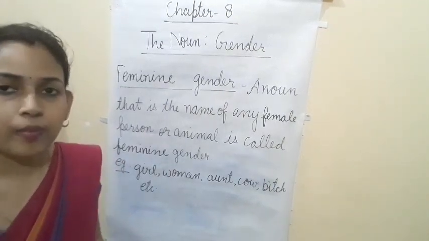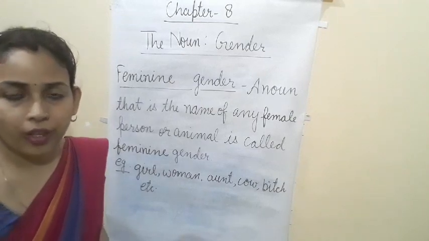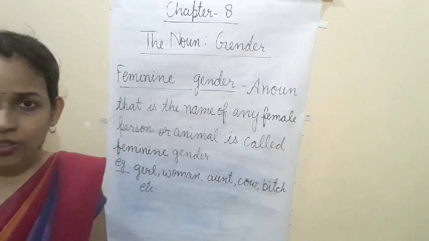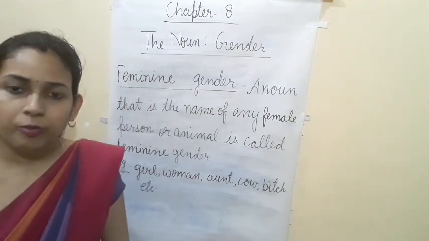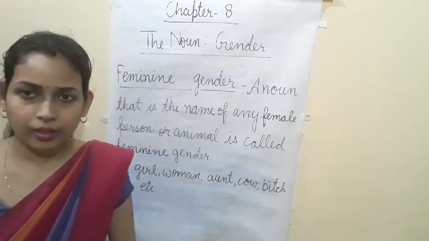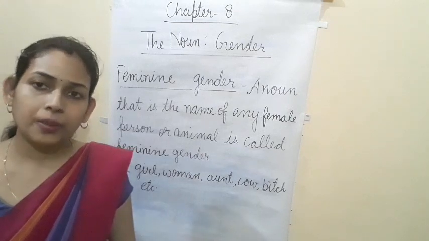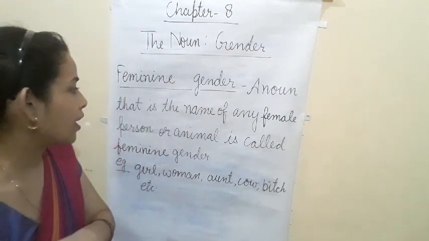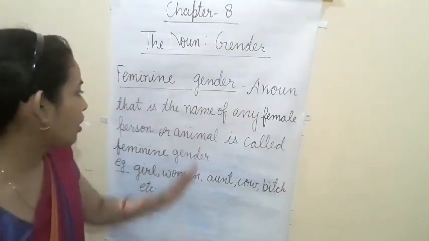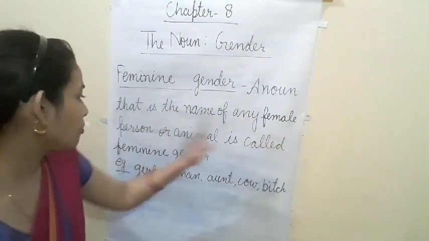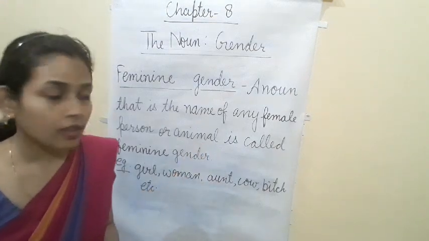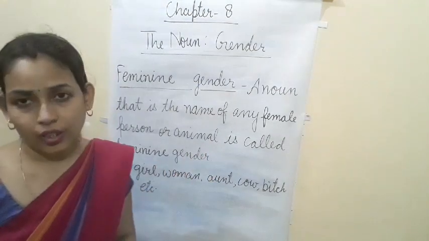Let's move to the next point, feminine gender. So what is feminine gender? Feminine gender refers to the female person or animal. I have written the definition here: a noun that is the name of any female person or animal is called feminine gender.